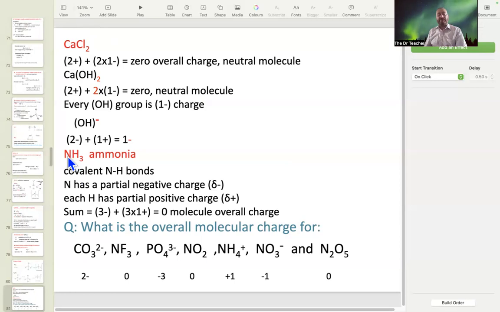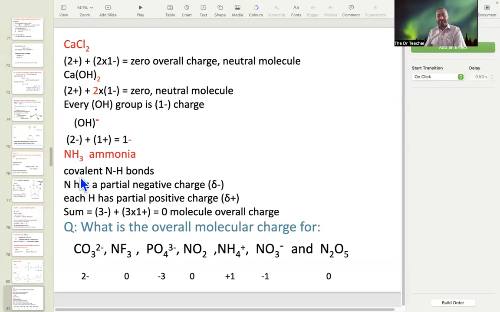Sometimes here we have nitrogen and hydrogen, so they are partially negative, partially positive. But why? Because they are covalent bonds. But here they are ionic bonds, complete transfer of electrons. Here there is no complete transfer.